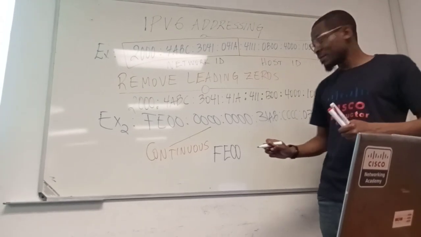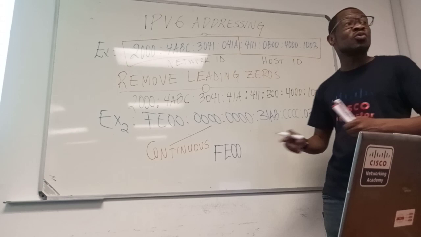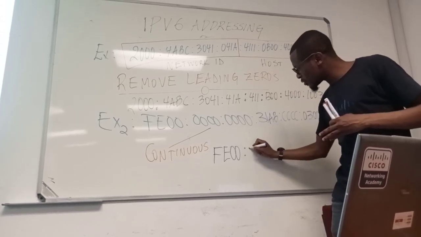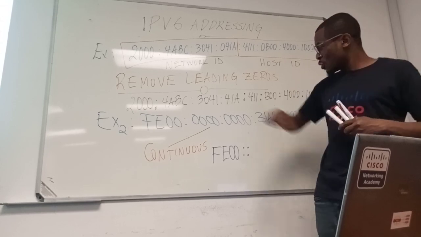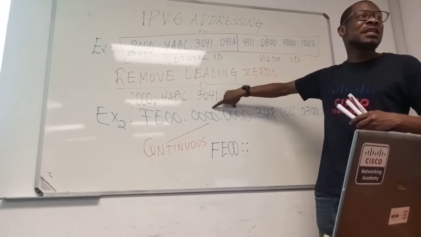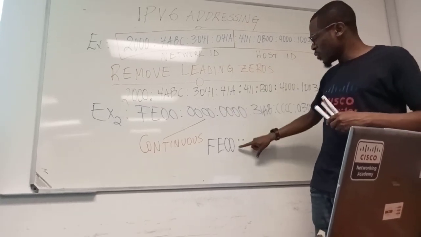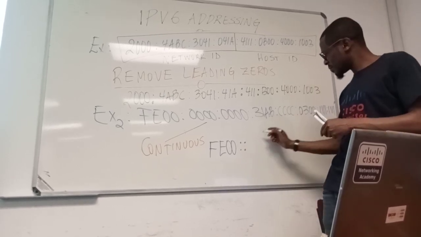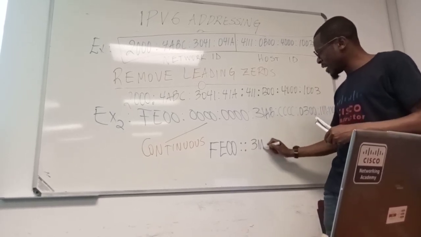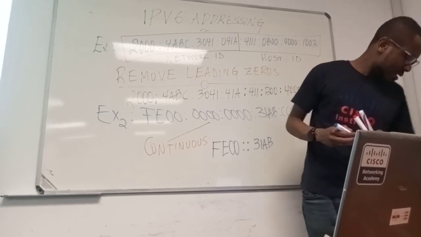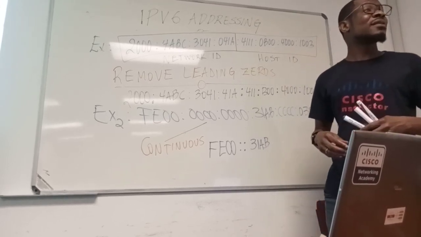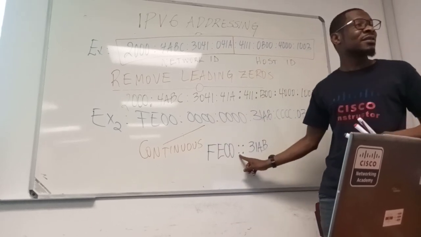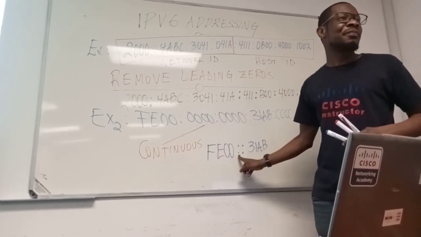FE00. This part you are going to replace with a double colon. So those continuous zeros are replaced, and you jump to here: 31AB.